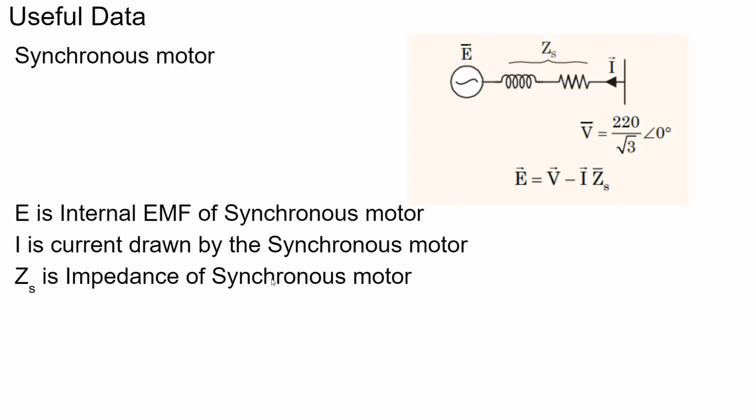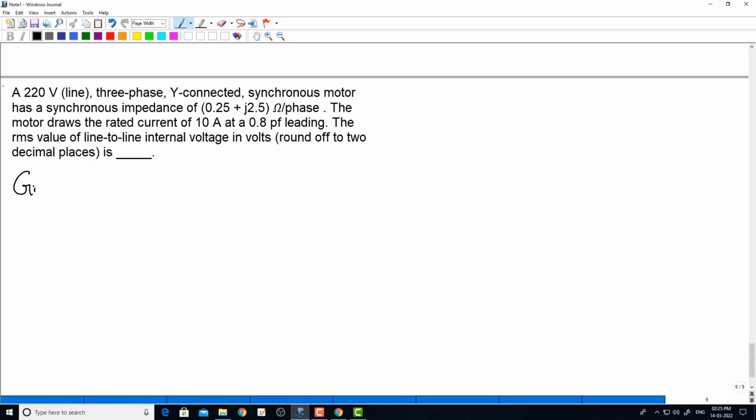So, using this information, let us solve the problem. Given data, what is given? 220 volts. This is line to line voltage and it is a star connected synchronous motor.